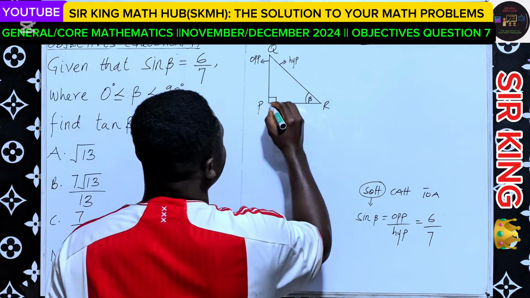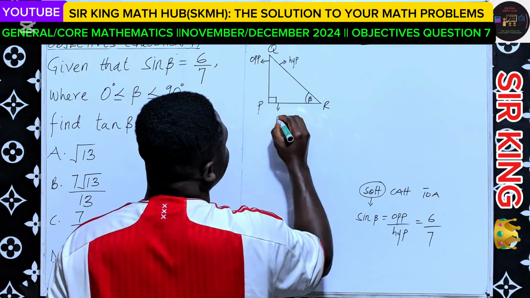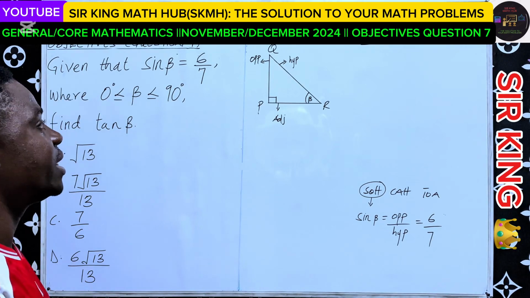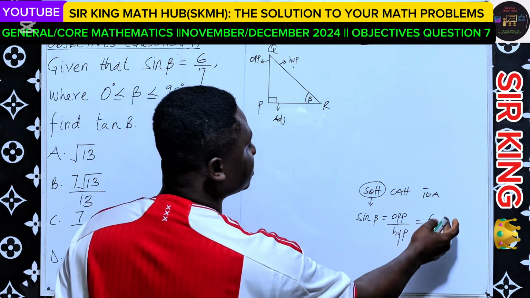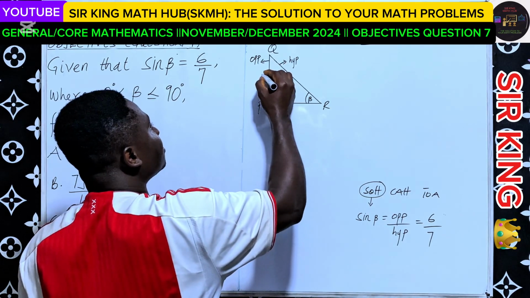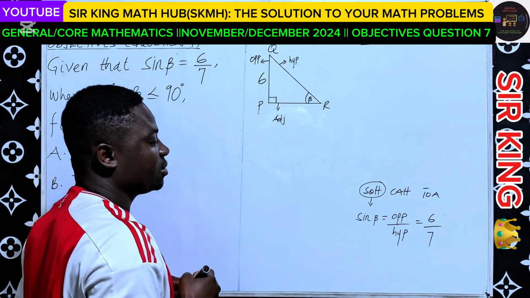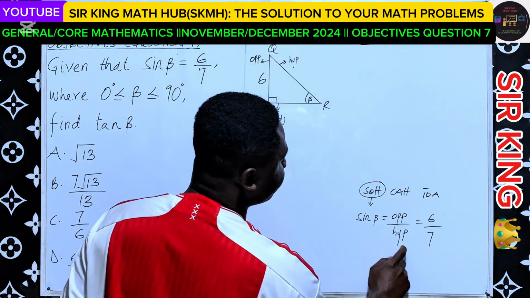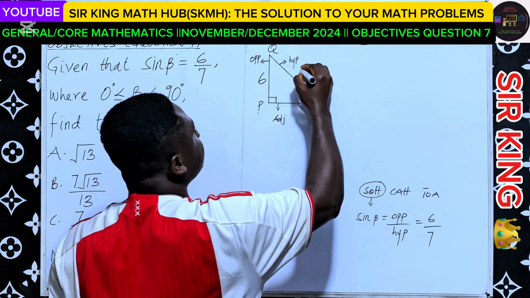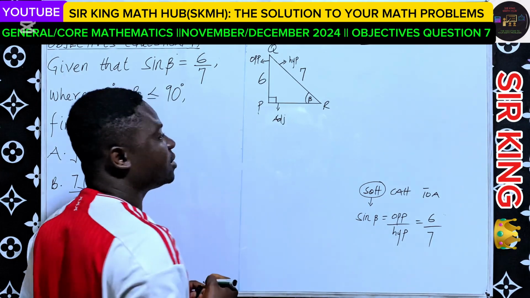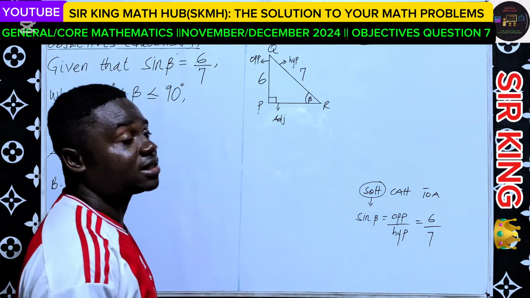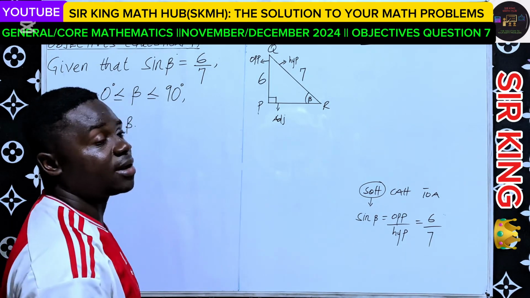And then obviously the remaining side becomes the adjacent. So the numerical value of the opposite is 6, the whole of this length here is represented as 6, and the numerical value of the hypotenuse is 7. So line QR becomes 7.